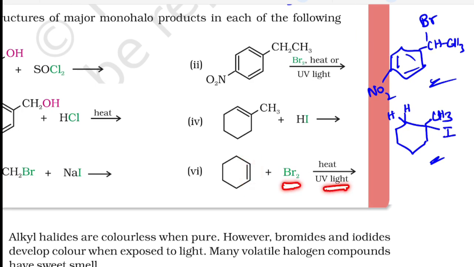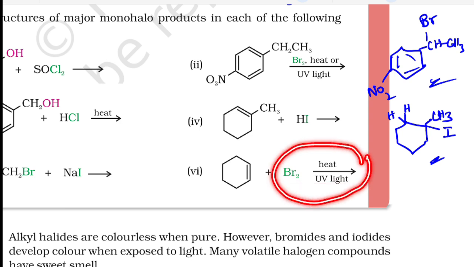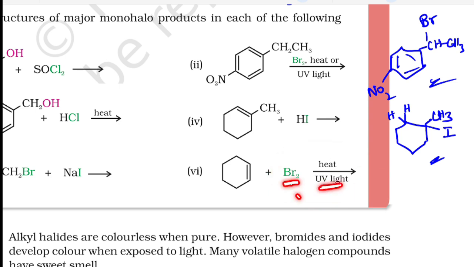Next, again you can see there is a double bond and there is bromine in the presence of UV light. Again this is a free radical mechanism. Students, whenever it is a free radical mechanism, don't touch the double bond, because bromine in the presence of UV light undergoes a free radical mechanism. Here this carbon atom will have one hydrogen. Removing that hydrogen forms a free radical over here, or even this carbon can form a free radical over here.